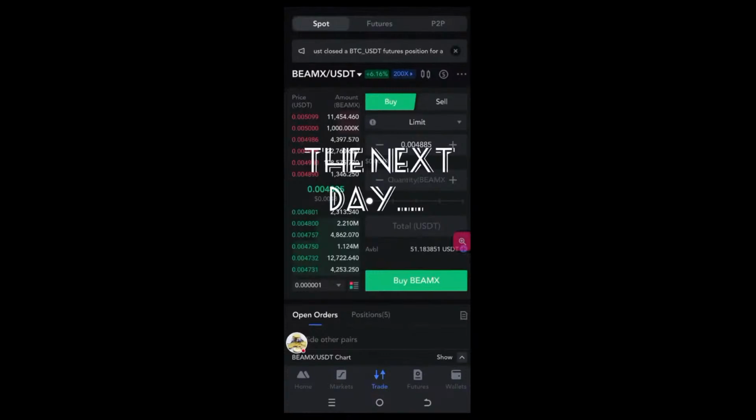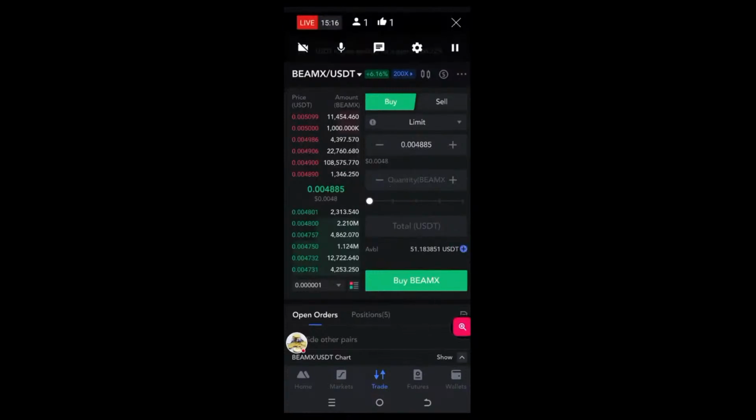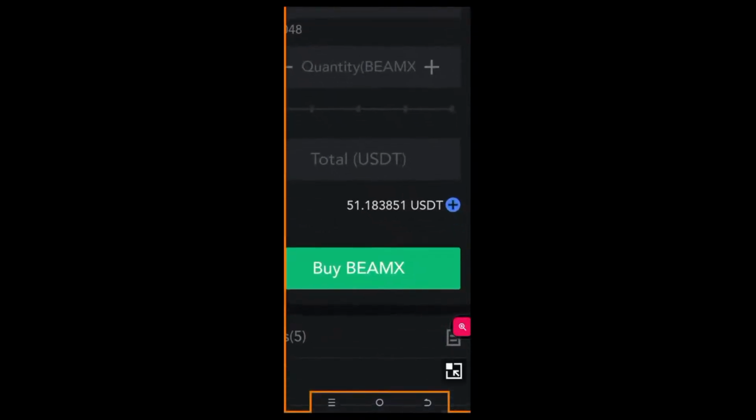And as you can see, BeamX has already executed. See that? We got $1.18. And the beautiful thing about Mexi is that no trading fees. You don't pay any trading fees for now. Maybe later on, but for now, whatever you put in your spot is what you get. So here it is.